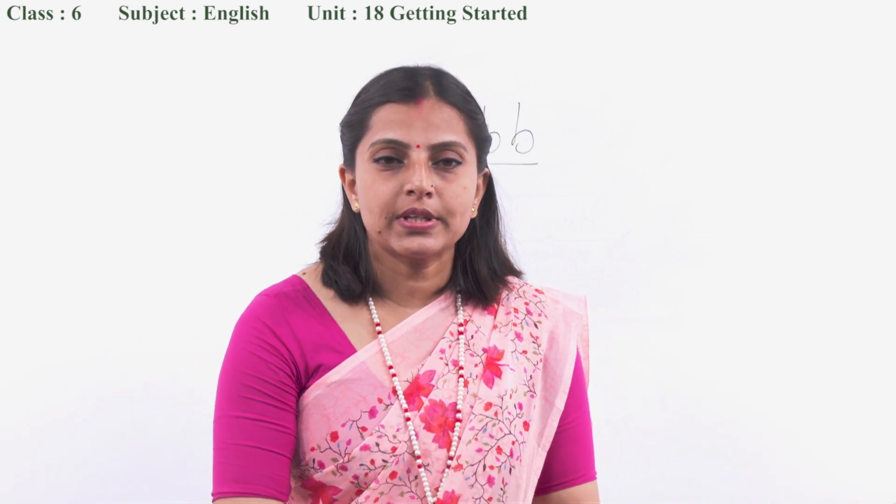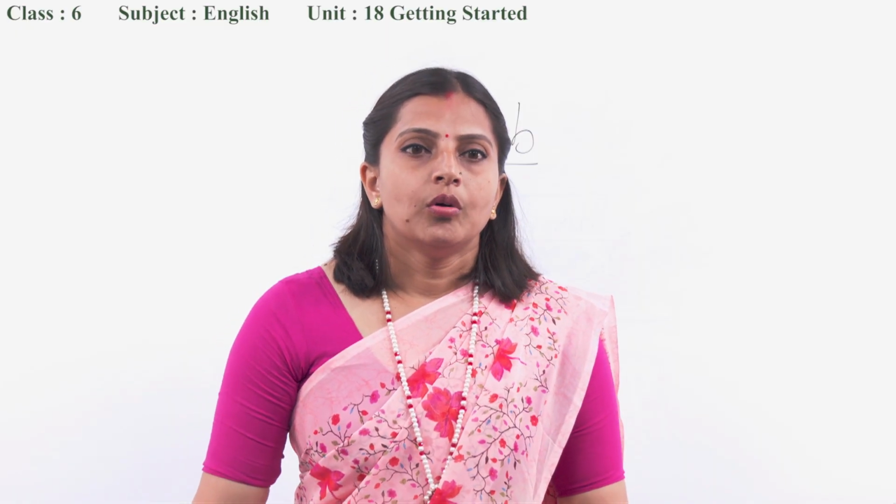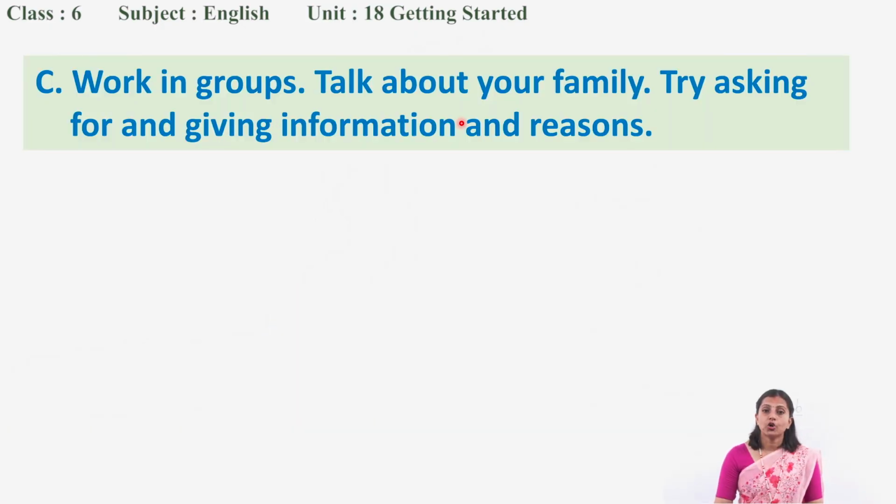Now let's move to the next exercise, which is given in your book. Work in groups, talk about your family, try asking for and giving information and reasons. You have to pair with your friends, make a group, ask your friends some questions and give them some information about your family. What things can you talk about?